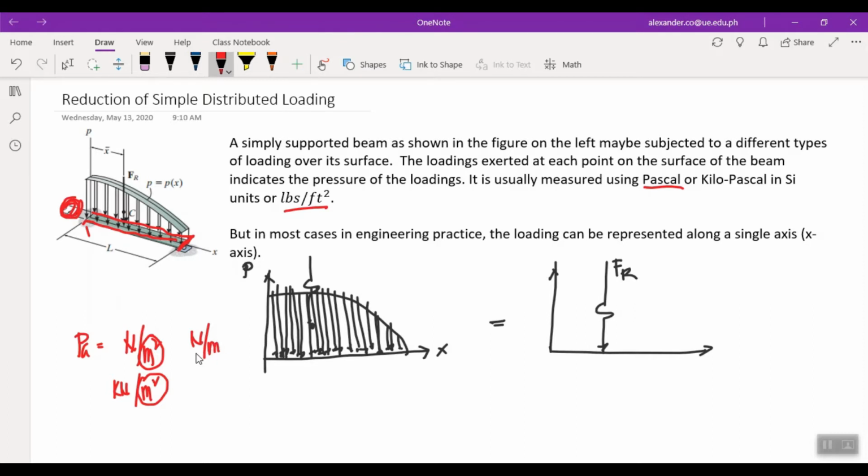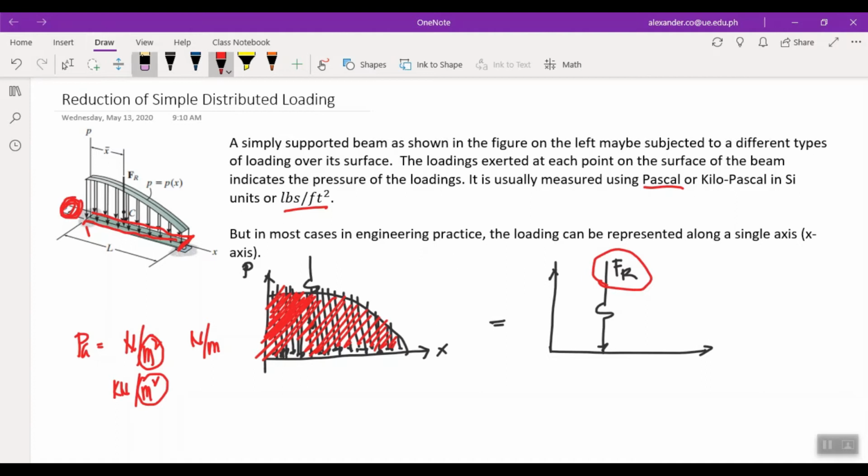In layman's terms, this force here can be considered as an area. Consider this as an area, which has an equivalent here.